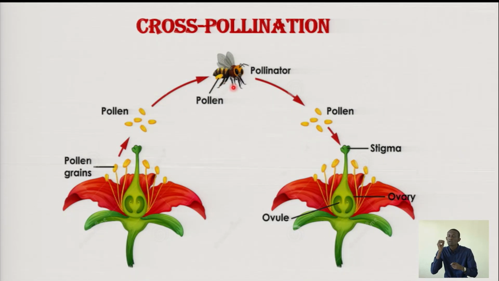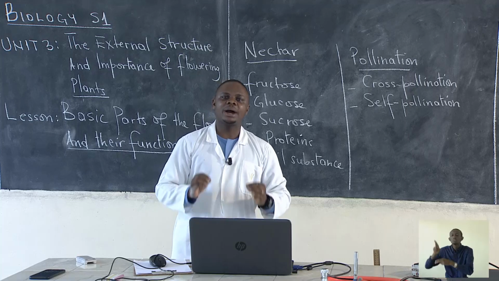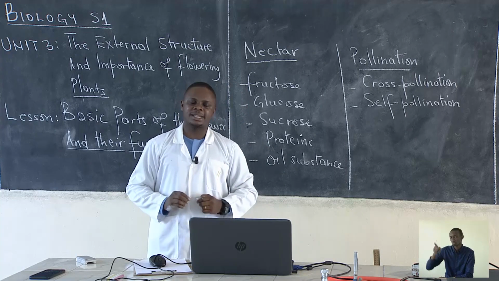You see, this is the bee. It has the pollen grains which are stuck on its legs and abdomen. And then they are going to be transferred to the stigma of another flower. So the transfer of pollen grains from anther of one flower to the stigma of another flower is what we call cross-pollination. And this is where we talk about the role of pollinators.